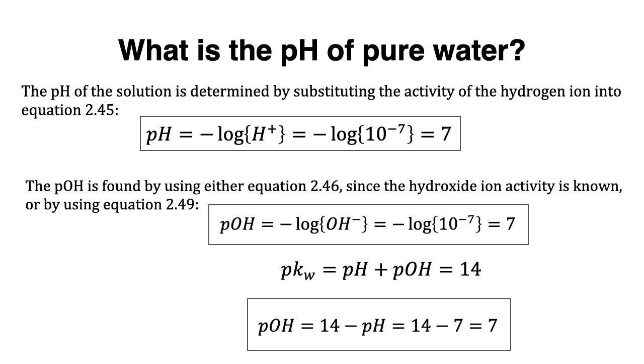Likewise, the pOH can be found from the hydroxide ion concentration from the electroneutrality equation, which is also 7, or from our logarithmic relationship between pH and pOH, since we know that the pOH is 14 minus the pH, again giving us 7.